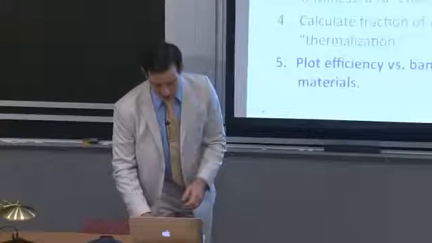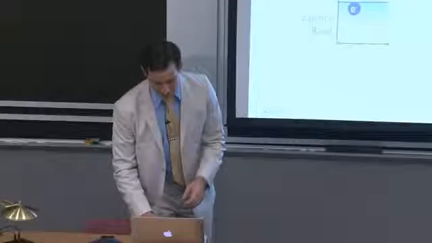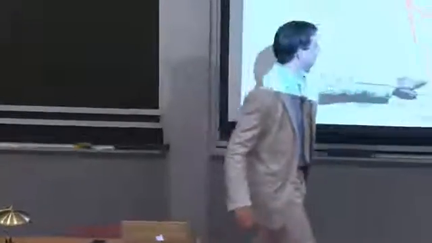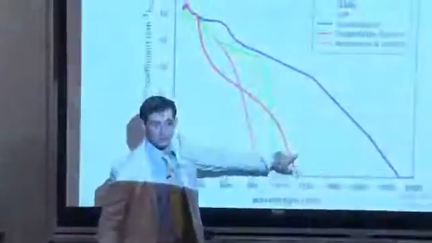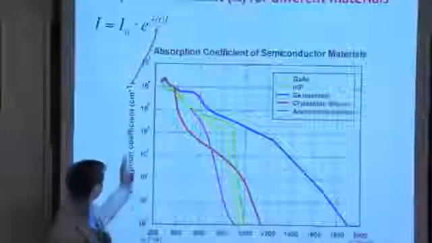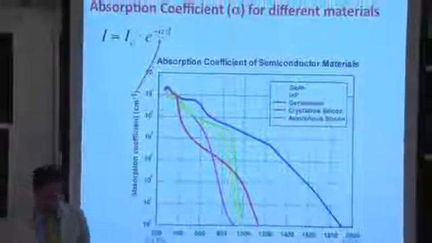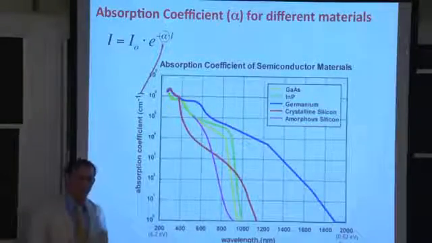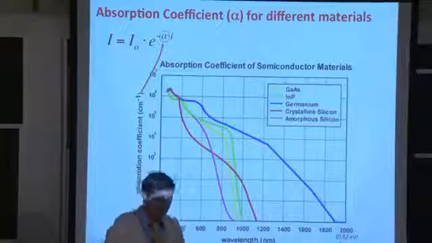The notion of a direct and an indirect band gap is fundamental for describing the reason why these curves have the shape they do. For example, this one right here, if you plotted alpha squared, or alpha, in a certain way, you'd see a very characteristic shape indicative of a direct transition into a direct band gap.